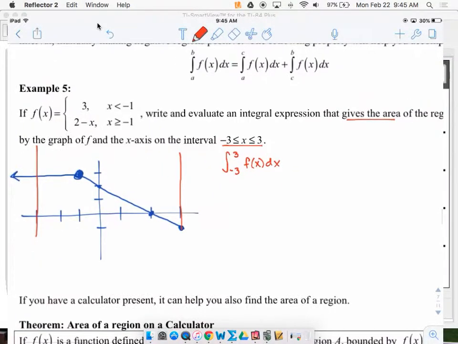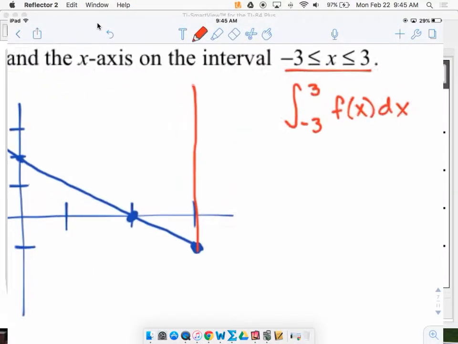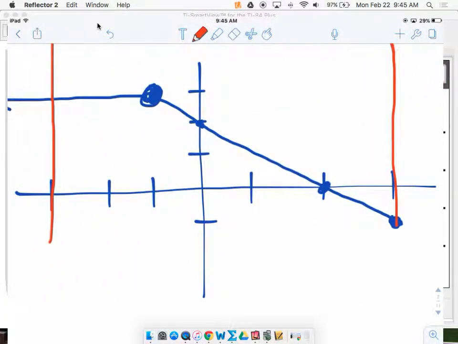So we have to use our area technique to help us figure that out. I want to split it up into different parts. If I do the integral from negative 3 to 3, I have this little piece here that is underneath the x-axis, so that's going to take away from my answer.